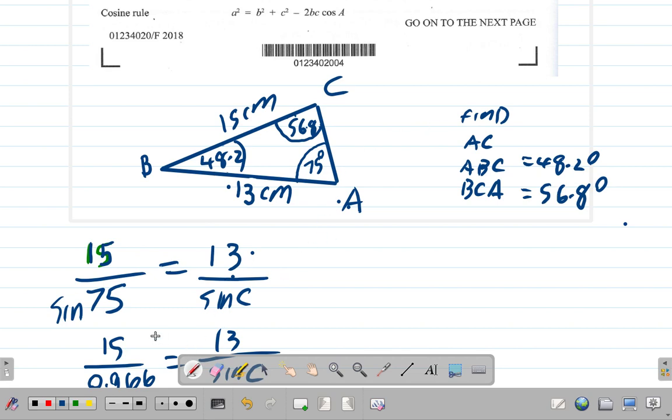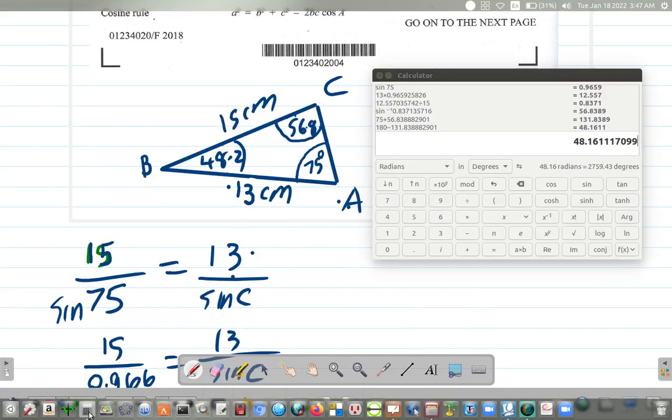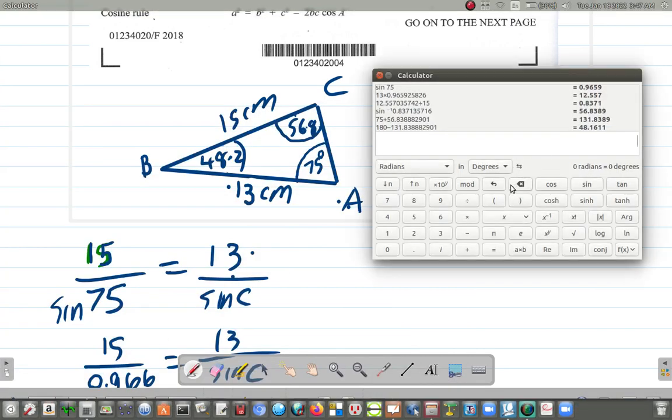And of course, you can check by saying 48.2 degrees plus 56.8 degrees plus 75 degrees adds up to 180 degrees.